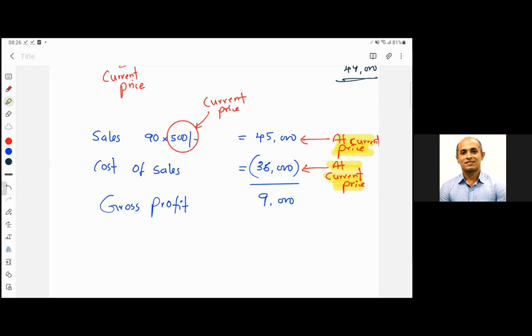You know, from time to time the price level changes. These days, almost every commodity's prices have increased.